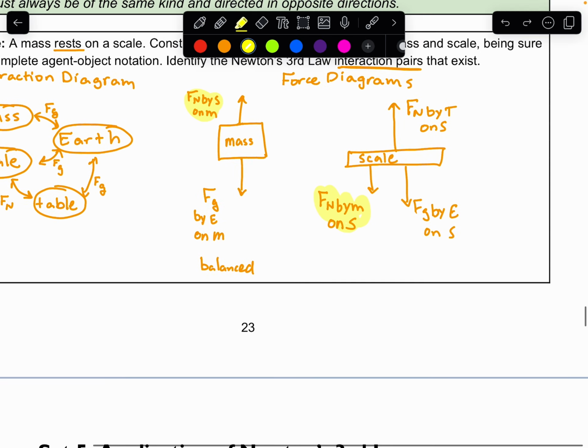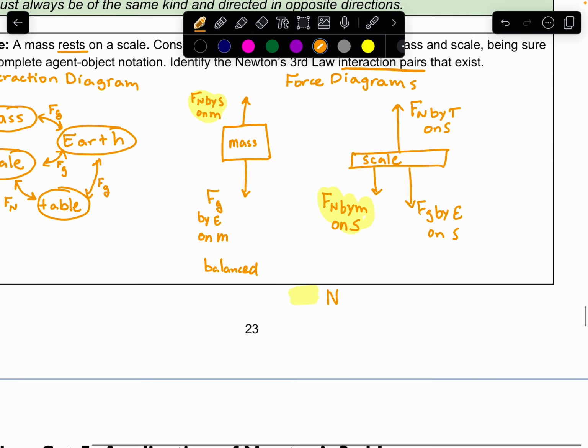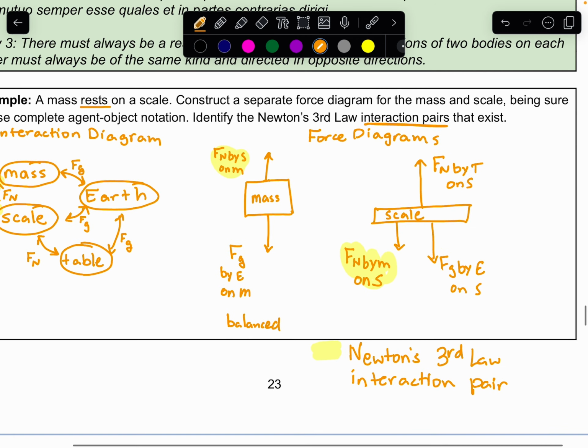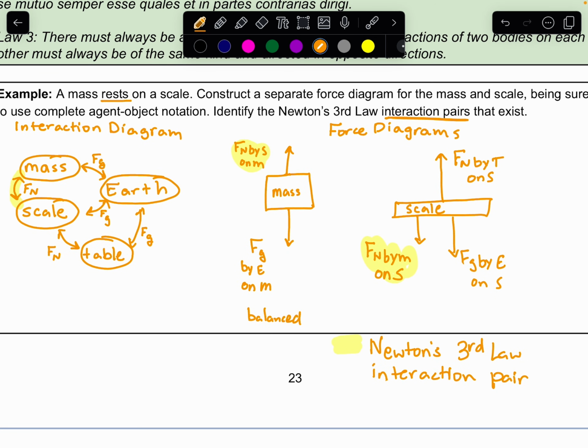This is the only interaction pair. On this diagram, that is the only pair of forces that interacts between two objects, the mass and the scale.